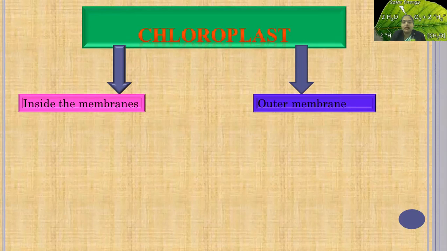The inner membrane is selectively permeable and contains many transport membrane proteins. And the outer membrane is freely permeable to molecules.